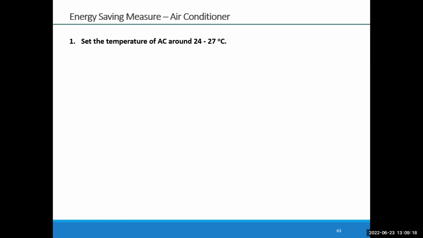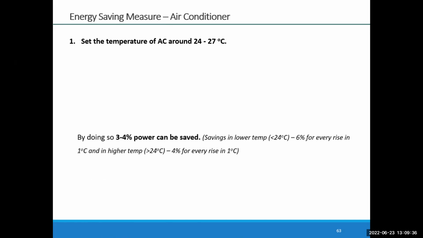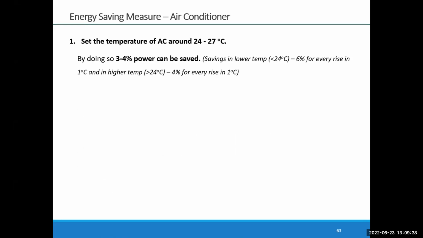When you increase the set temperature of an air conditioning unit, you are reducing the work done by the compressor, so that it switches on and off very limited times. By doing that, we can save some energy in day-to-day usage. That means you are reducing the operating time of the compressor by increasing the set point.